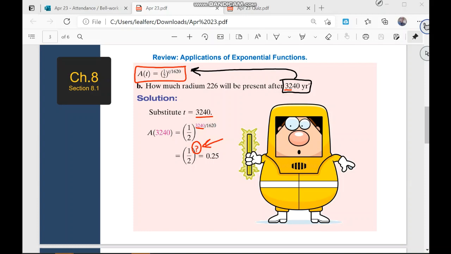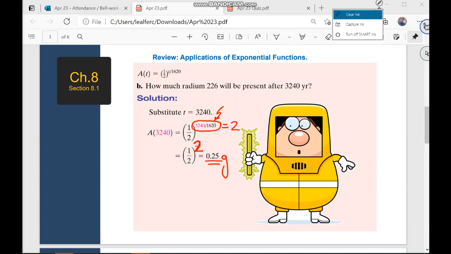From the previous step, you can find out what this exponent is. Or you can also find out by the result, because 1/2 exponent something, this is missing, equals 0.25 grams. I need your help to find the answer. I need you to tell me what is the missing number.